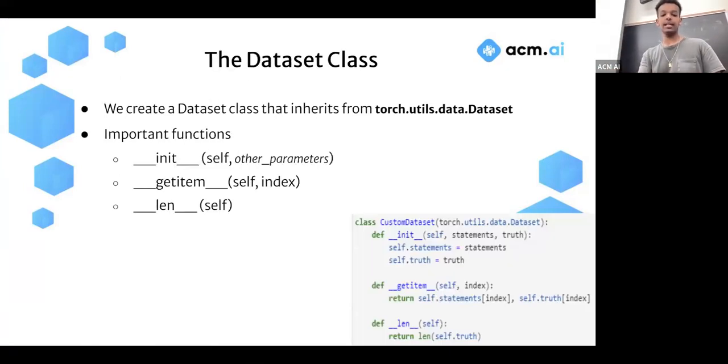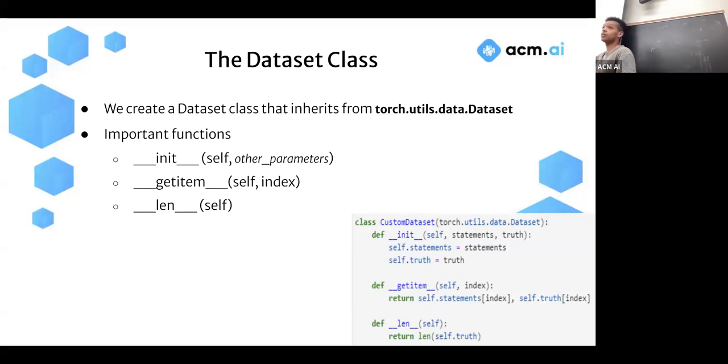Let's start with the dataset class. The dataset class is basically the class that controls your data, and you'd usually make a dataset for your training, validation, and testing data. This right here is the initialization function for the class.